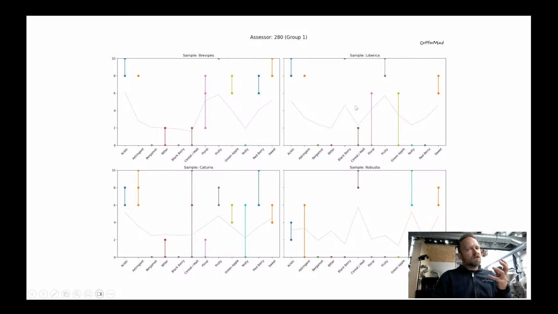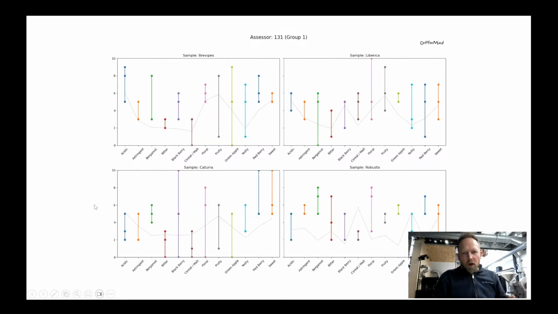So this is just to show you, we've got the data per person. Every participant in this has their own data set like this. And you can see also this person for Caturra cereal malt was also all over the place.